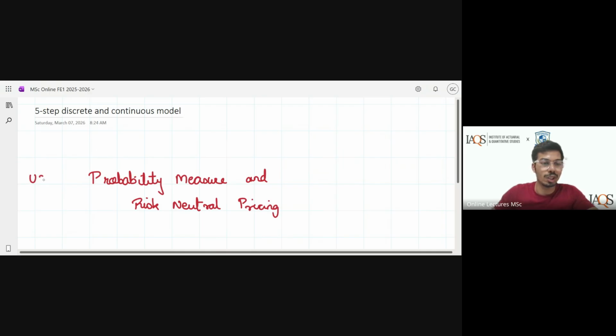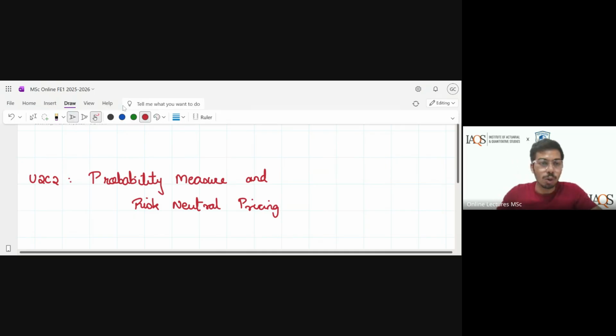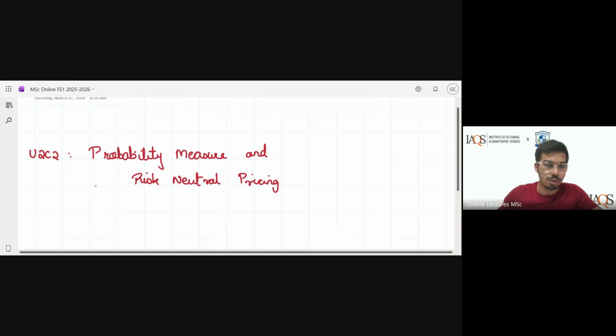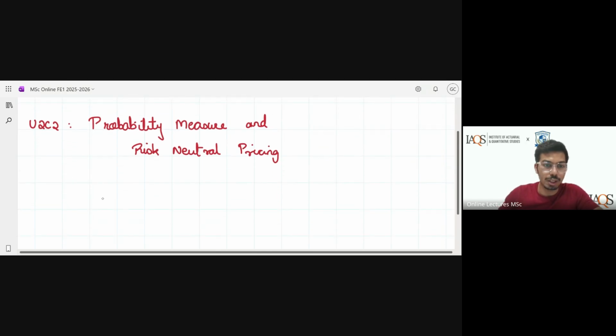It's a part of Unit 2 chapter 2. Now, let me also write the other name. As part of IFOA syllabus objectives, this chapter is called 5-step discrete and continuous model.